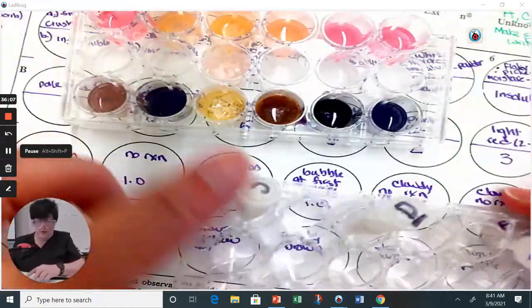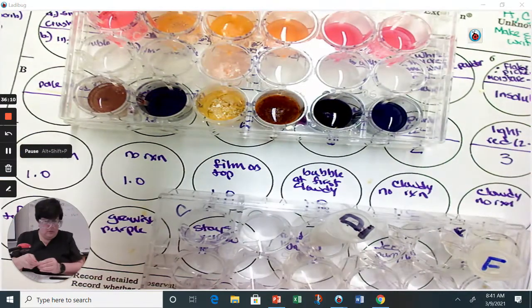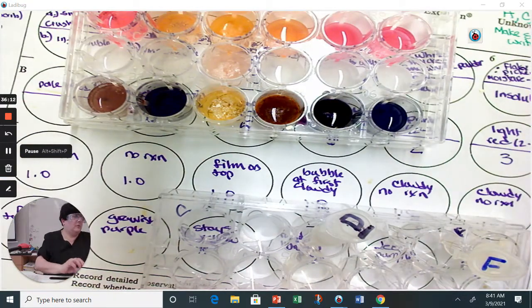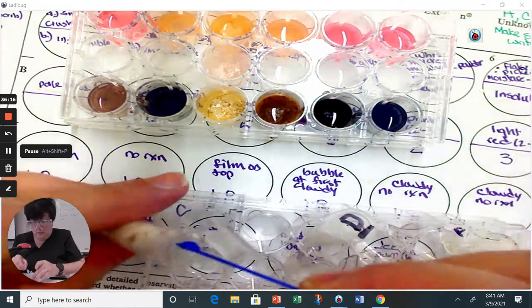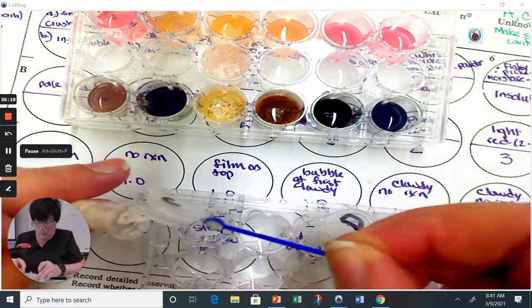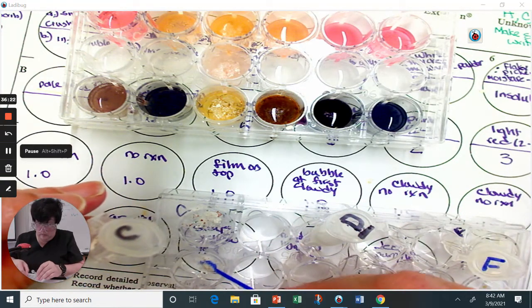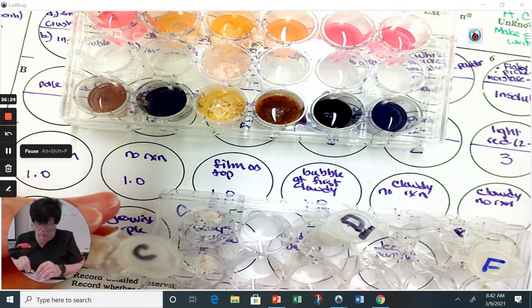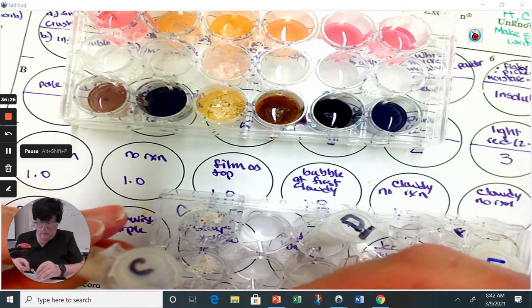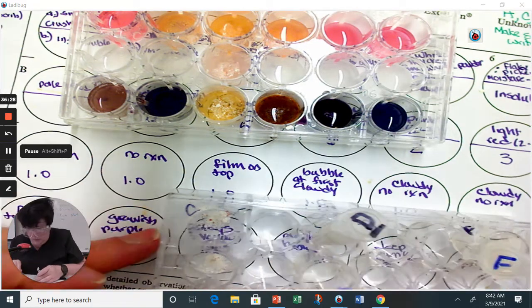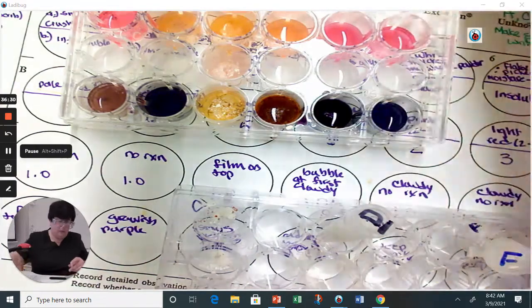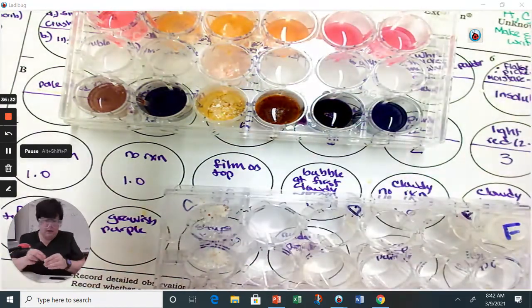Okay, so we have unknown C. Oh, unknown C has those red flakes in it. Kind of a giveaway.